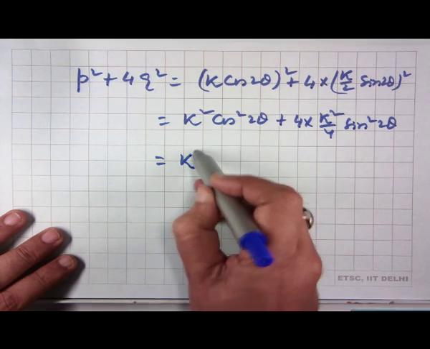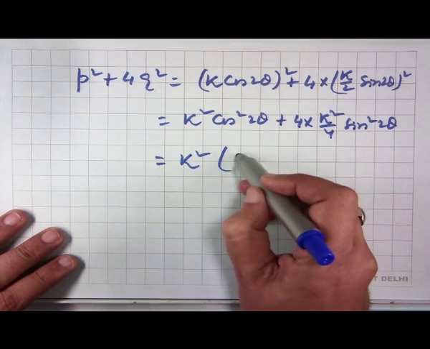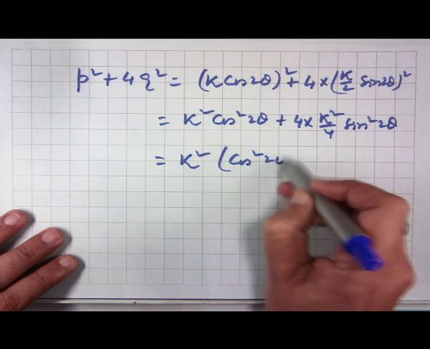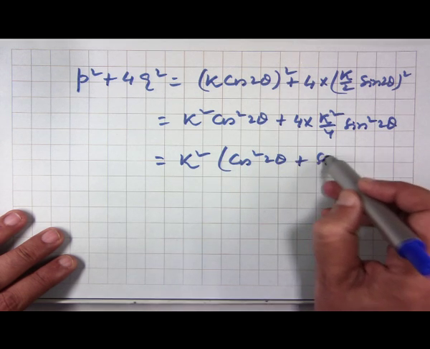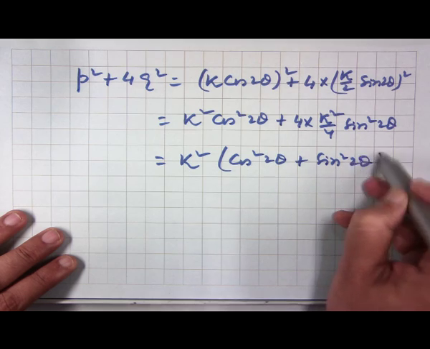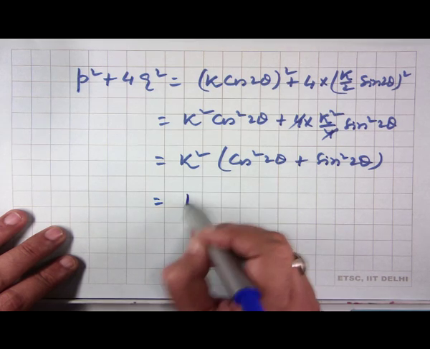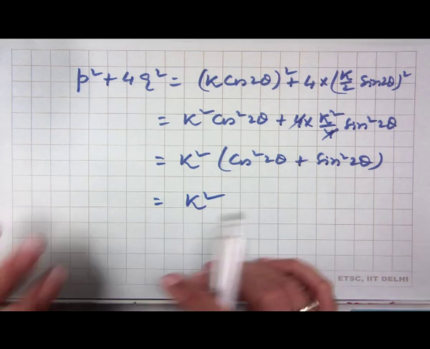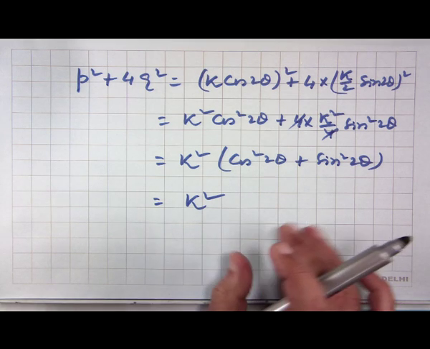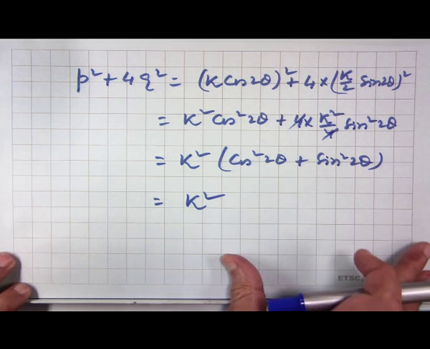So take k square common: cos square 2 theta plus sin square 2 theta, because 4 cancels. So this is k square. So p square plus 4q square is equal to k square.